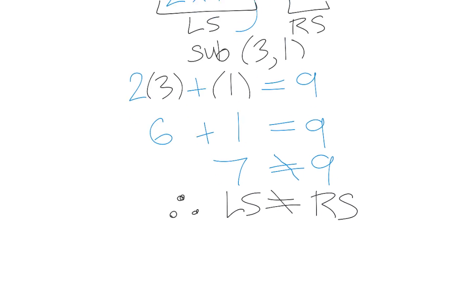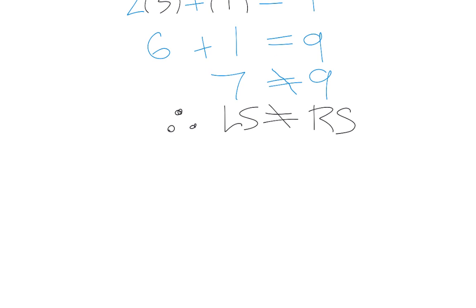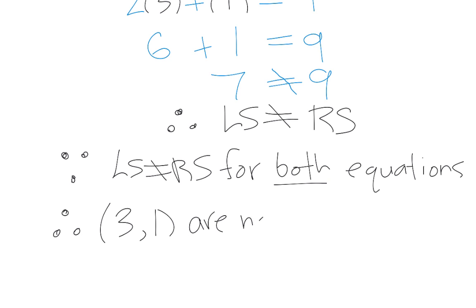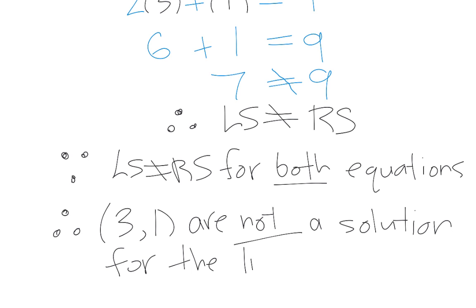Let's make sense of all this information. So I'm going to say, since left side was not equal to right side for both equations, therefore the point (3, 1) is not a solution for the linear system.